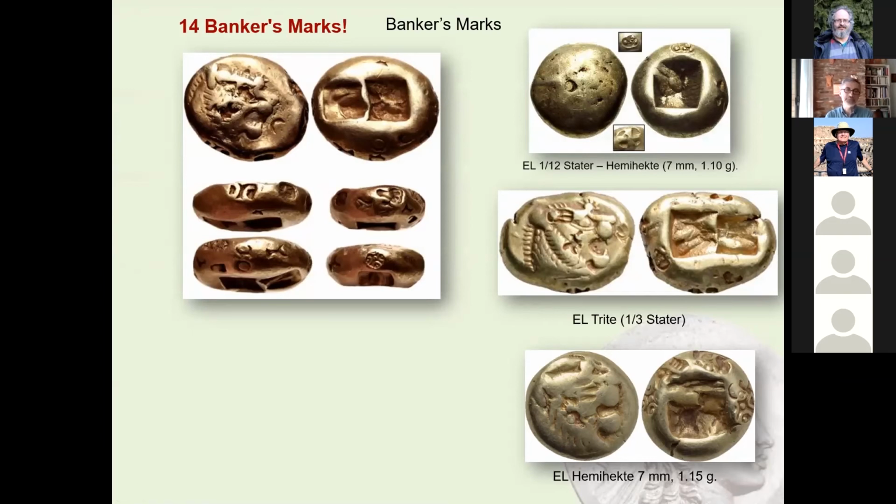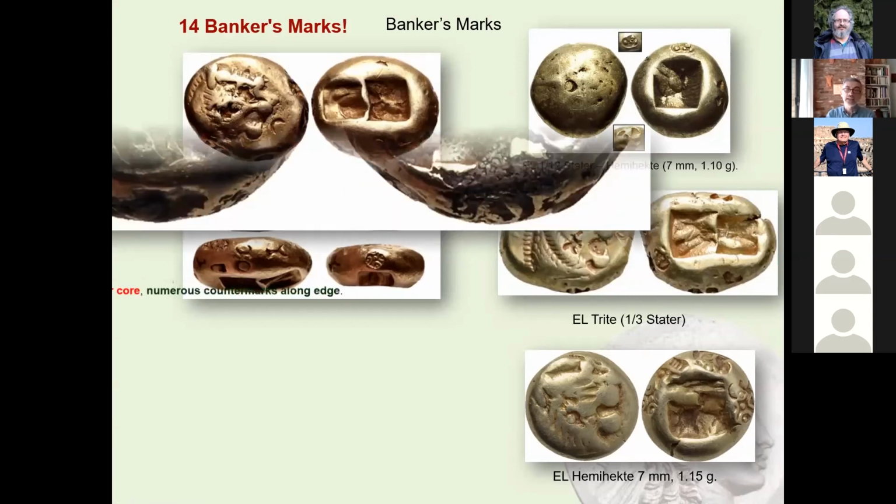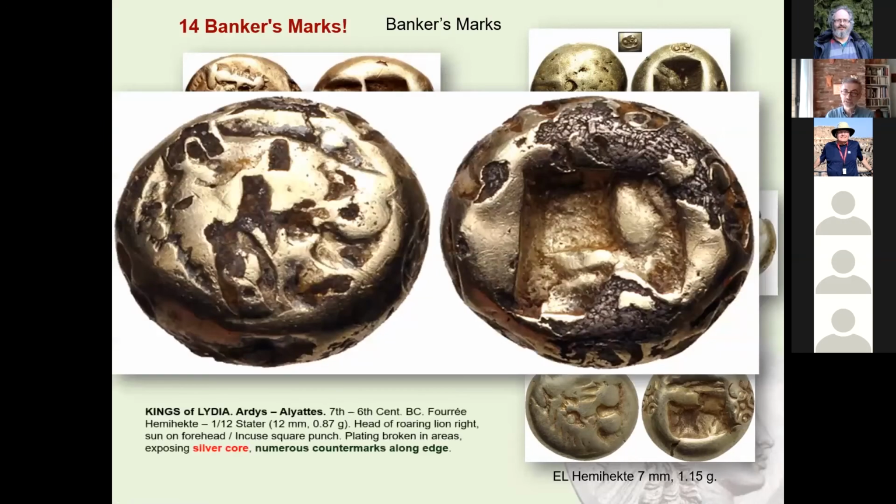Maybe each banker or each merchant simply put their mark before passing it to the next person, just to let everyone know that it was tested each time it circulated, and they thought that would solve the problem, but counterfeiters were just following them very closely.